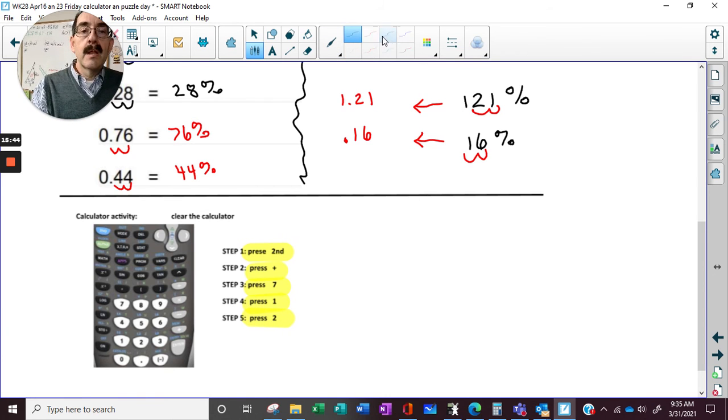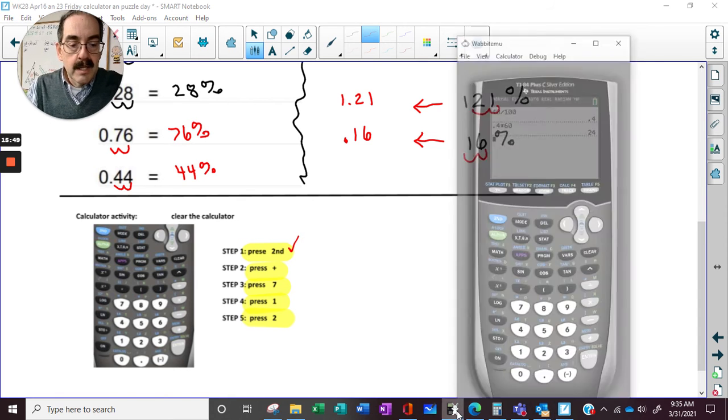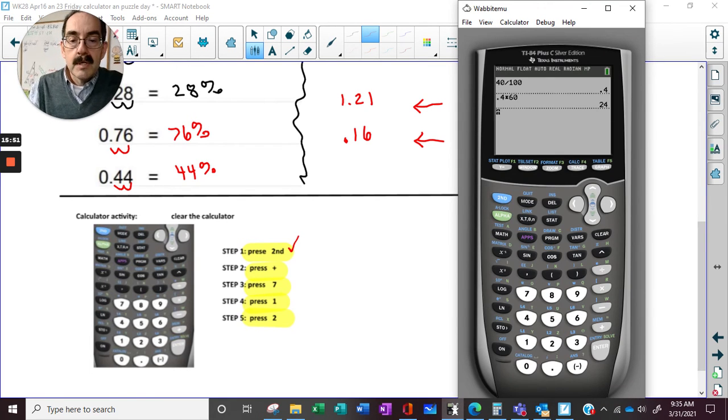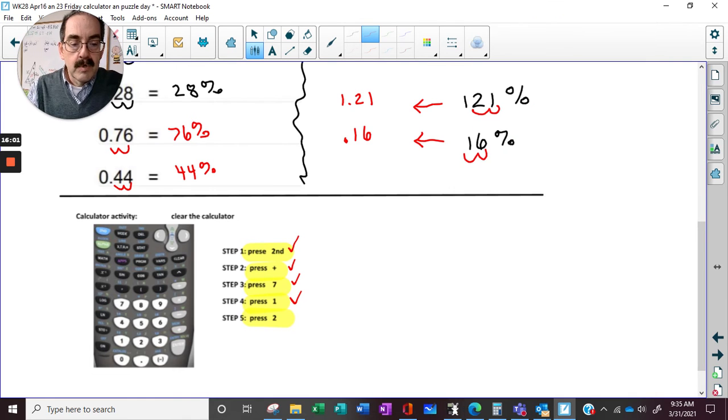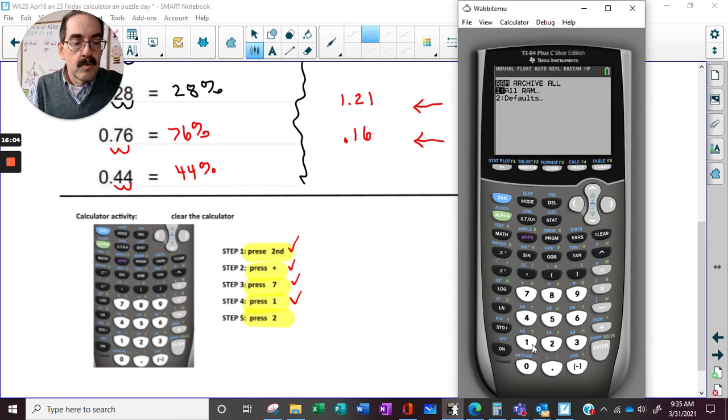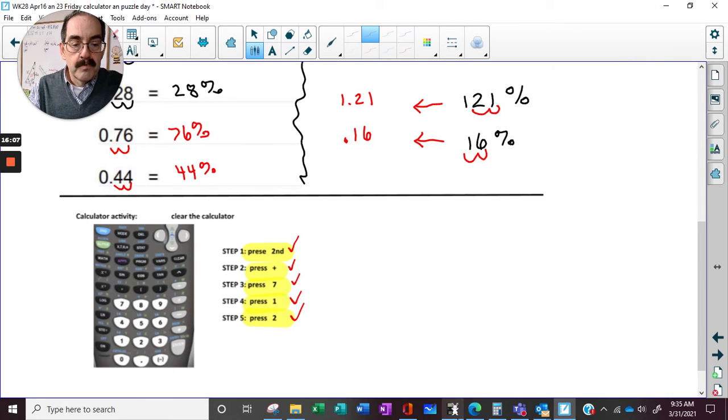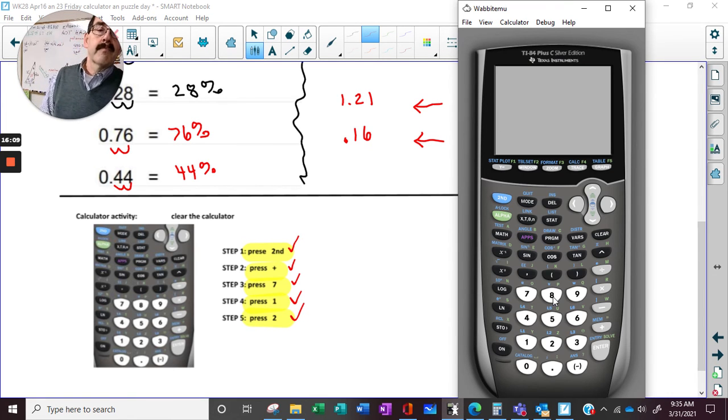Everybody grab your TI and go second, plus, 7, 1, 2. Now we've started over clear and fresh. Now you should have this RAM cleared. We're ready to do work.